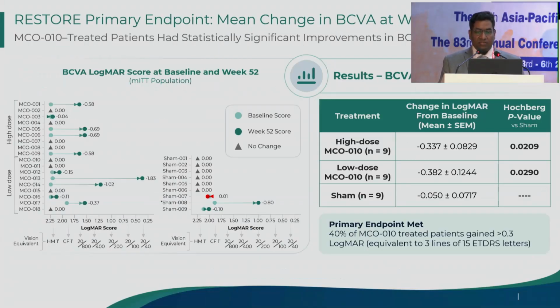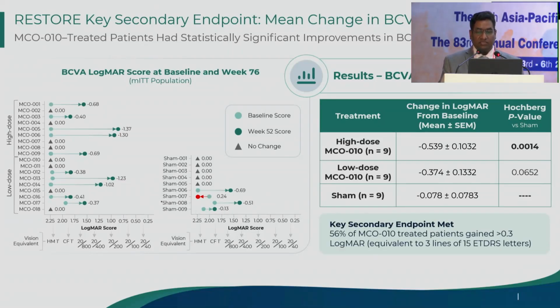They extended the study, as the initial 52 weeks showed a good result, till 76 weeks in all these 6 centers, which also showed a good improvement in visual acuity without significant side effects or IOP rise.